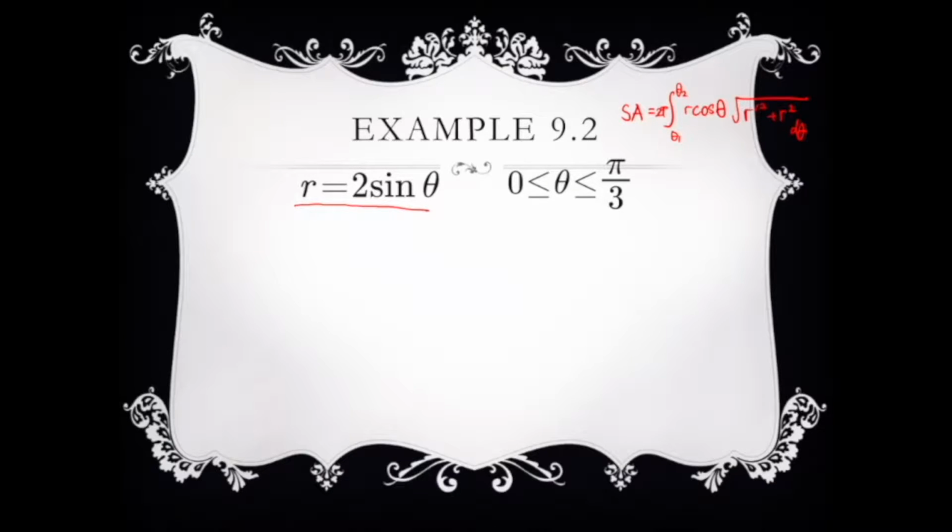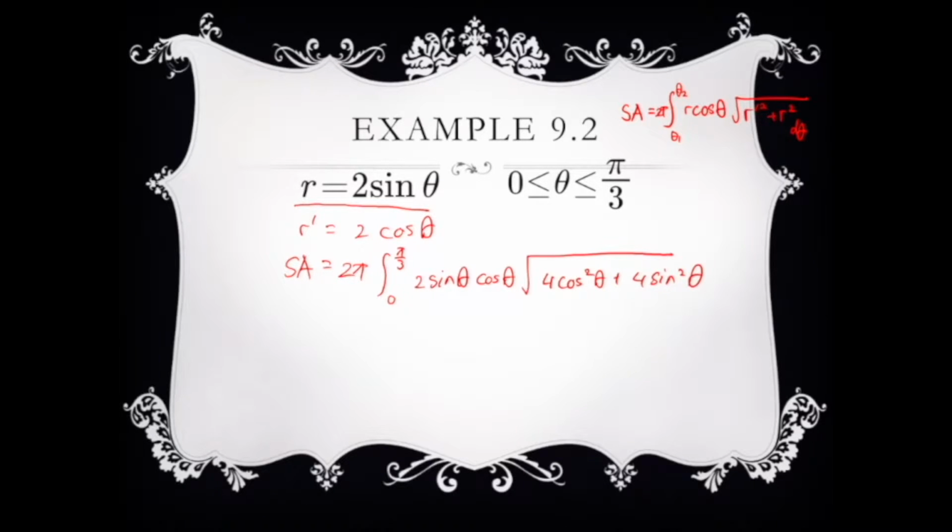Now let's substitute what we know from the problem. We know that r equals 2 sine theta. So r prime equals 2 cosine theta. So SA equals 2 pi times the integral from 0 to pi over 3 of r. We can change r into 2 sine theta. So 2 sine theta cosine theta times the root of 4 cosine squared theta plus 4 sine squared theta, which equals 4.